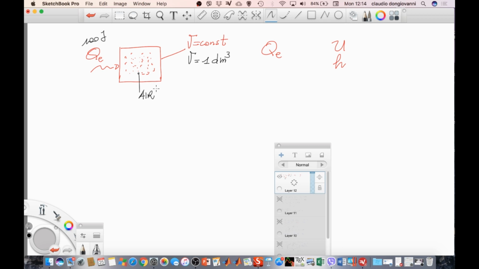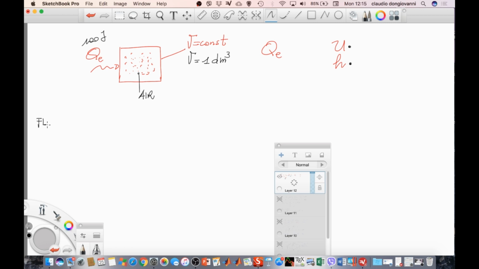Evaluate the variation of U and the variation of H. Give me the formula to write. So what formula do you decide to apply?